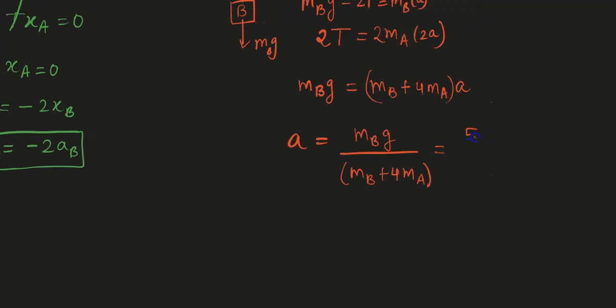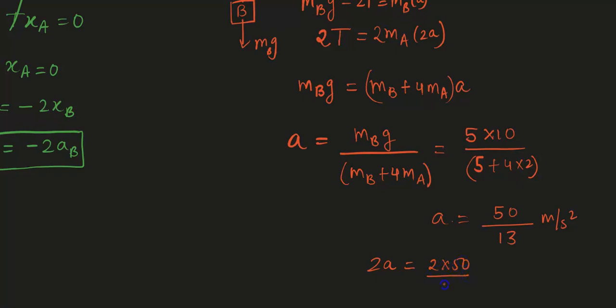So this will be 5 into 10 divided by 5 plus 4 into 2. This is 50 over 13, since 4 into 2 is 8 and 8 plus 5 is 13. That means A is 50 by 13 meter per second square, and the acceleration of block A is twice that, that is 2 into 50 by 13 meter per second square.